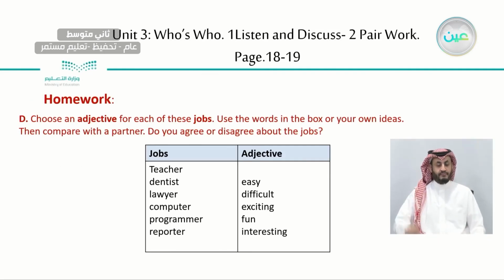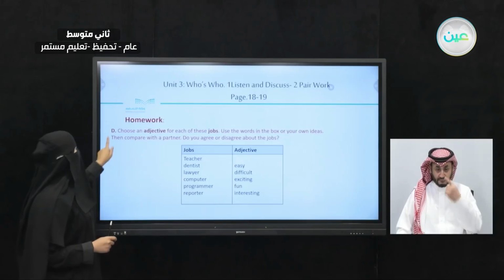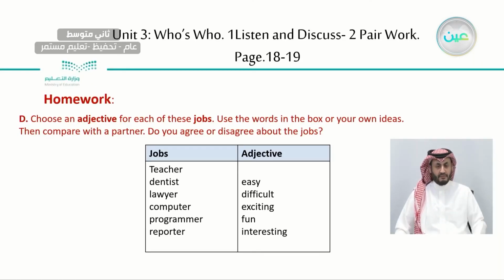Now, for the homework, this is what you are going to do. Choose an adjective for each of these jobs. Use the words in the box or your own ideas. Then compare with a partner. Do you agree or disagree with the jobs?